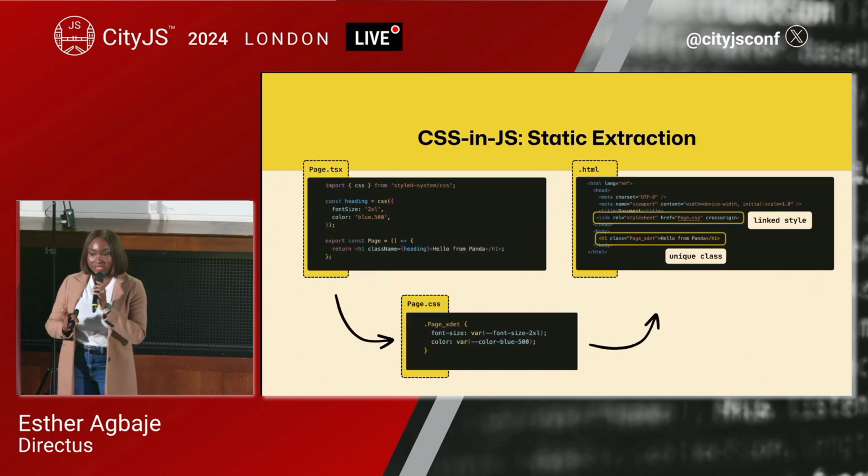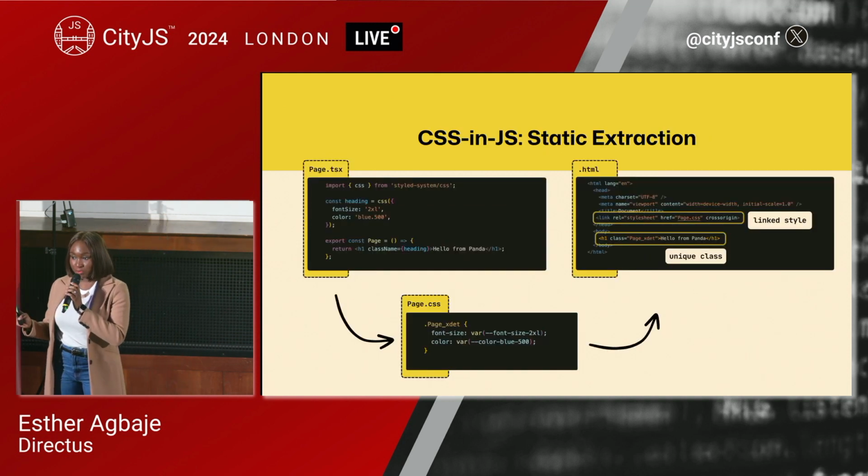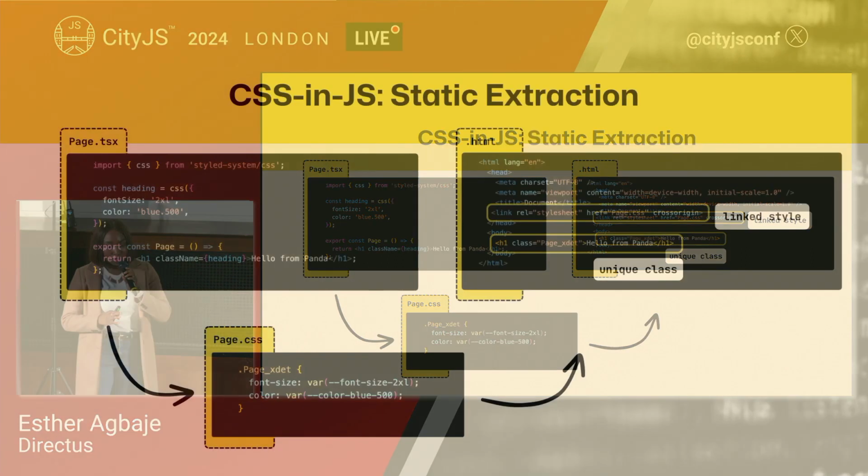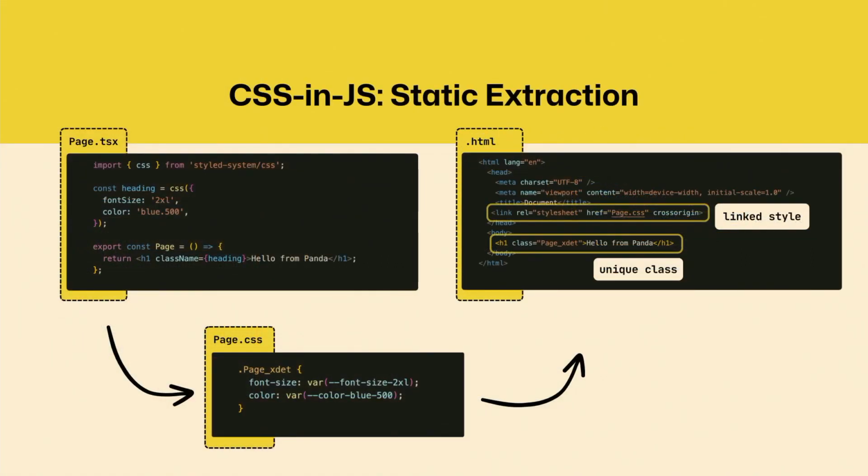Now, earlier I talked about the fact that CSS in JS is moving from runtime to build time and is going to static extraction. So static extraction is really where styles are extracted into a separate style sheet at build time. So this way, JavaScript no longer needs to evaluate these styles when the page loads. The styles are immediately accessible, right?